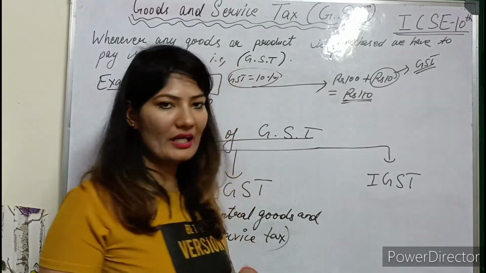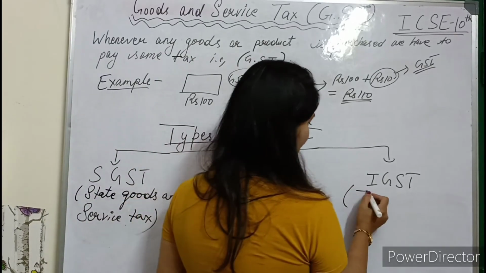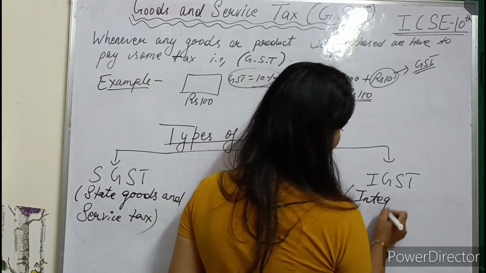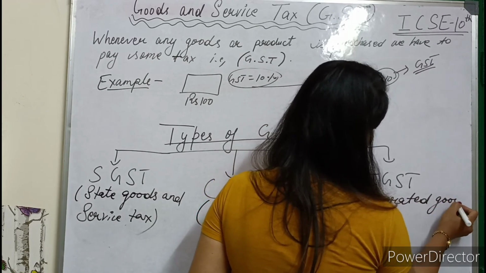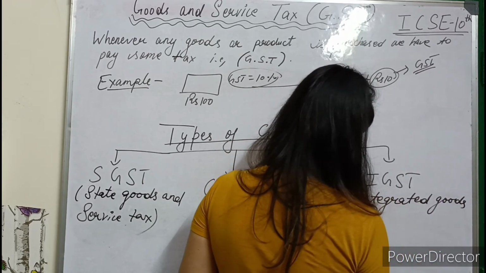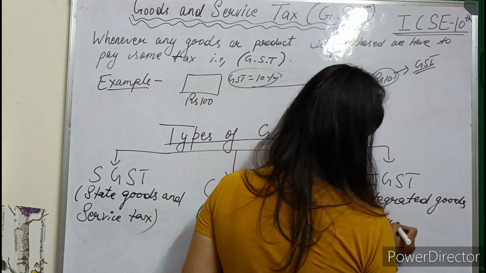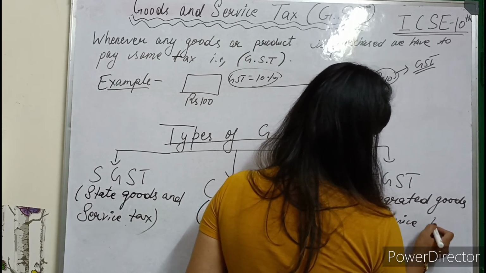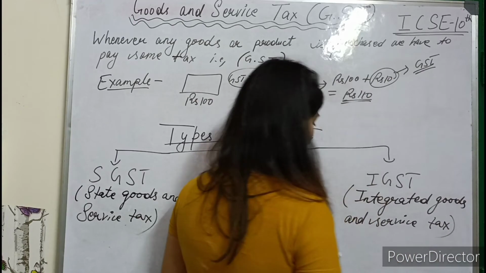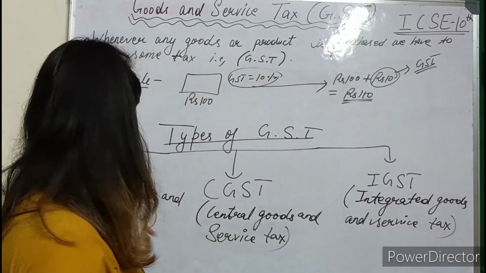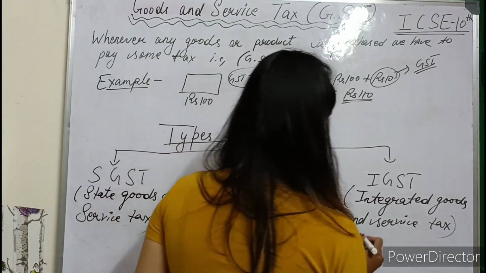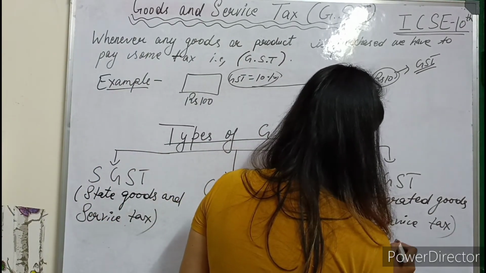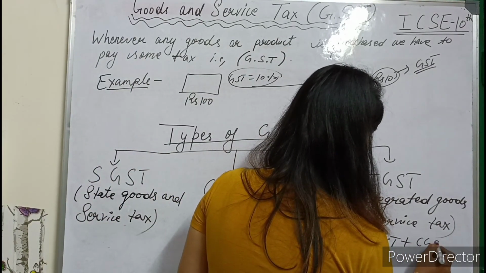The third one is IGST. Here IGST means Integrated Goods and Service Tax. In the IGST, both the SGST and CGST will come together, so SGST plus CGST.